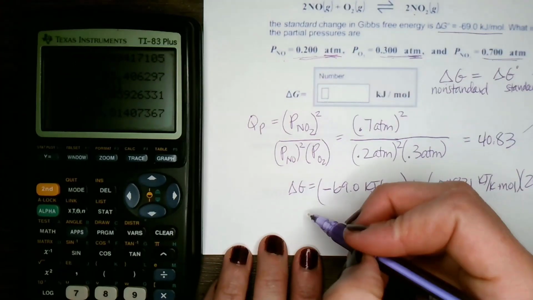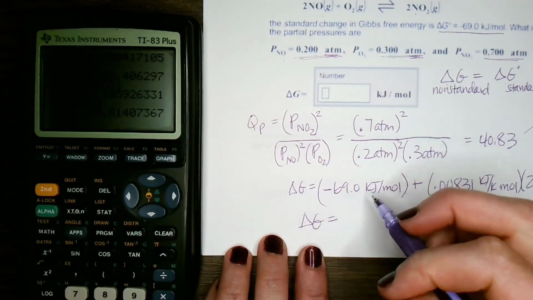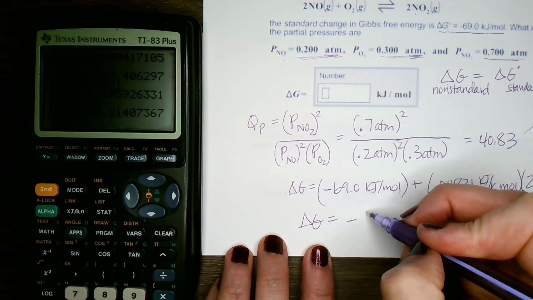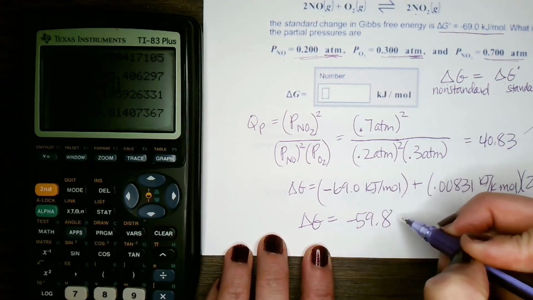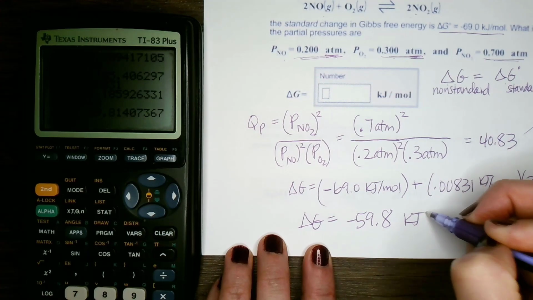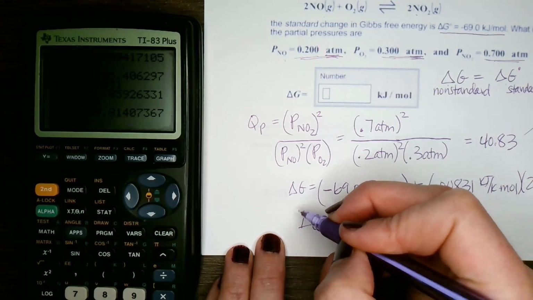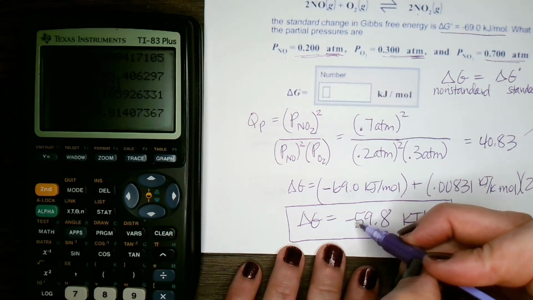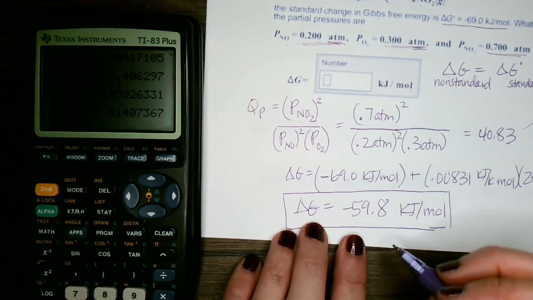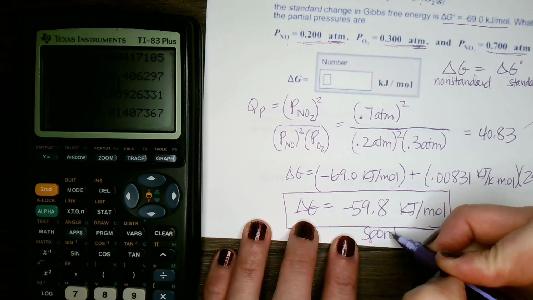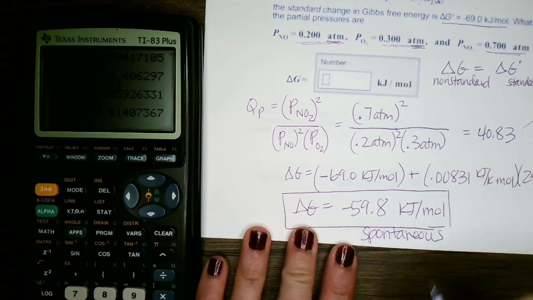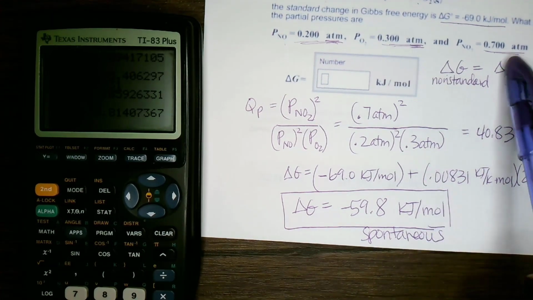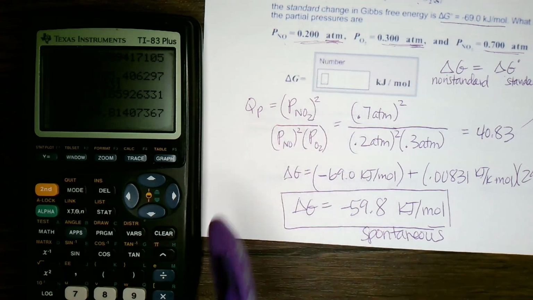And we end up with a delta G of negative 59.8. So even under non-standard conditions, we still have a negative delta G, so it will still be spontaneous, despite not having those pressures at 1 atm.